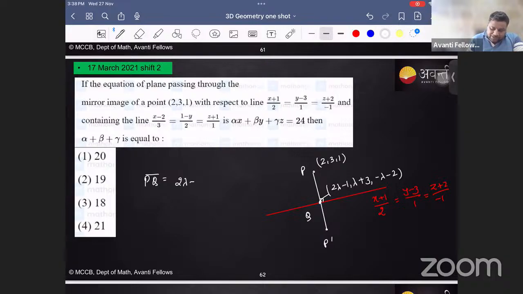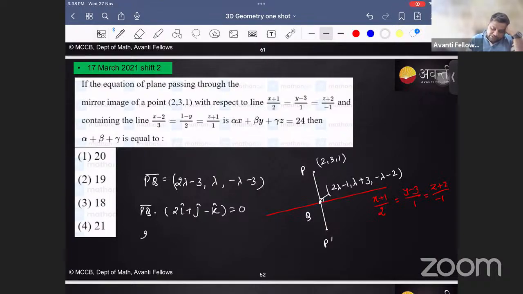That is 2 lambda minus 1 minus 2, lambda plus 3 minus 3, comma minus lambda minus 3. Now, this PQ vector is perpendicular to the line. Got it? That means PQ dot 2i cap plus j cap minus k cap is going to be 0.